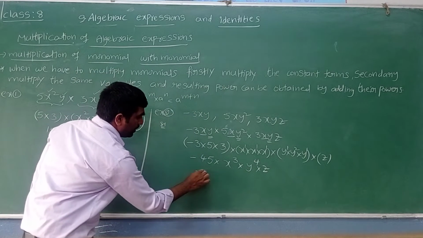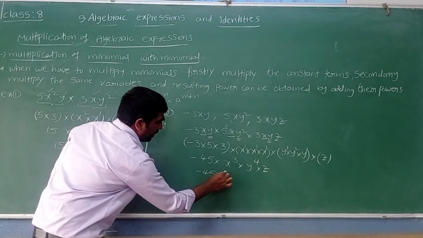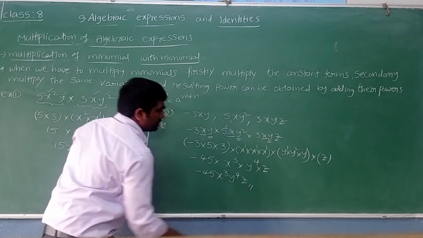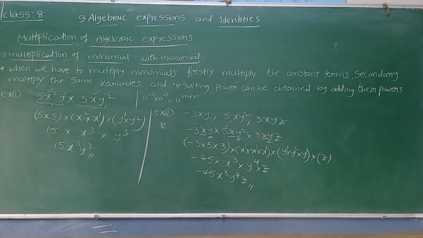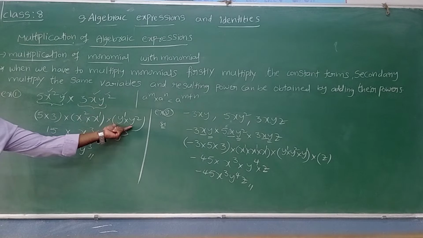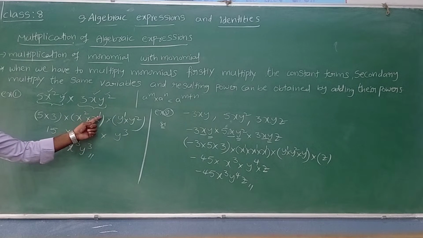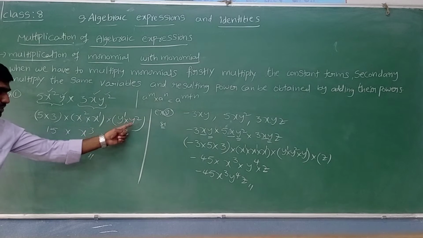So finally we can write minus 45 x cube y power 4 z. So this is the process: multiply constants, then multiply same variables, and the resulting power is obtained by adding those powers. 2 plus 1 is 3, 1 plus 2 is 3.